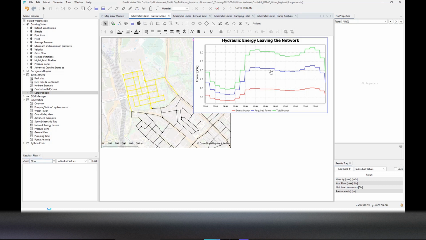That's energy that wouldn't need to be there. They don't need that extra bar or two of pressure. So this is how much energy we would need if even all the consumers would have a perfect 2.5 bars of pressure. And now their difference is then excess energy.